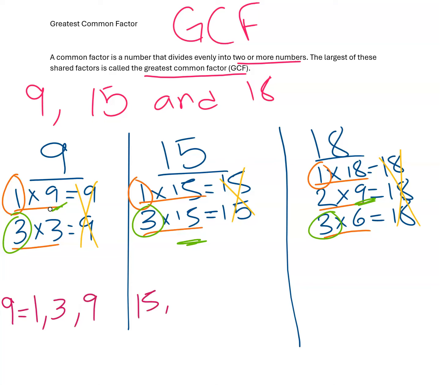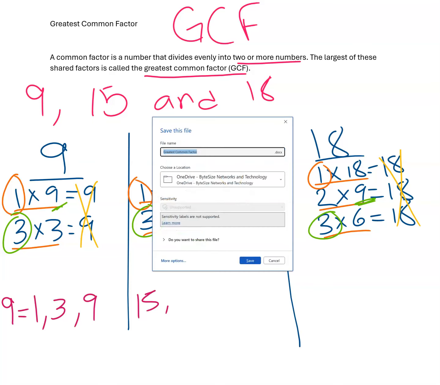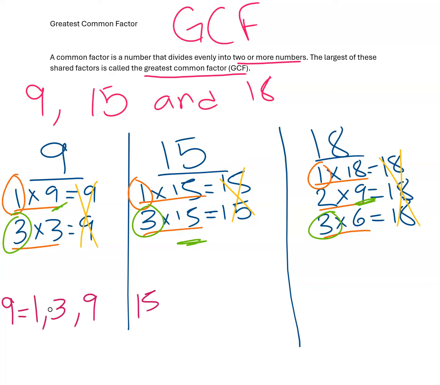So for instance, 15 equals 1, 3, and 5. I made a mistake here. It's supposed to be just 5. Then you have 18, which was 1, 2, 3, 6, 9, and 18.